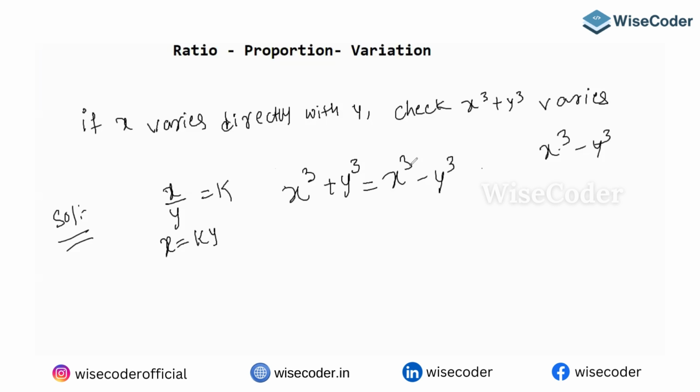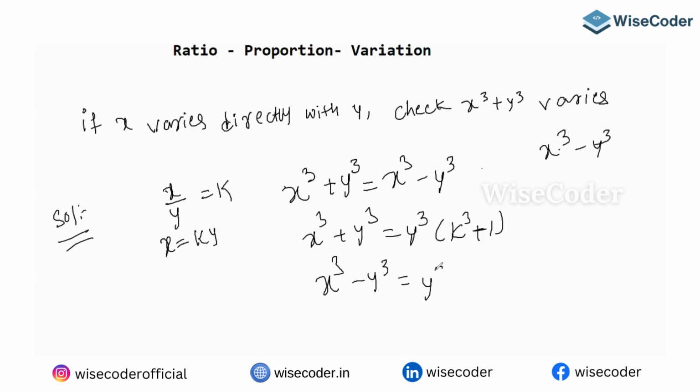So x cube plus y cube is equal to y cube into k cube plus 1, whereas x cube minus y cube is equal to y cube into k cube minus 1.